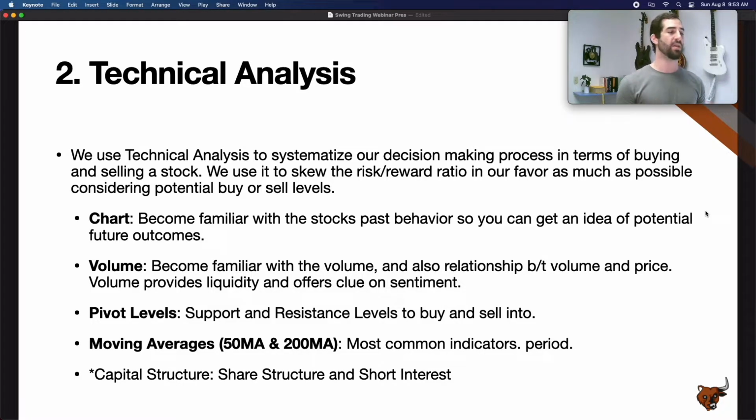And then again, moving averages, the 50 MA and the 200 MA, and specifically that's the simple moving average, all right? So the 50 SMA, if you want to get specific, or the 200 SMA are the only technical indicators that we are interested in for this specific system. And then lastly, as a side note, if you're a little bit more advanced, just take a quick look at the share structure.